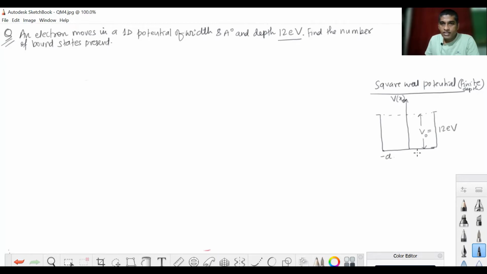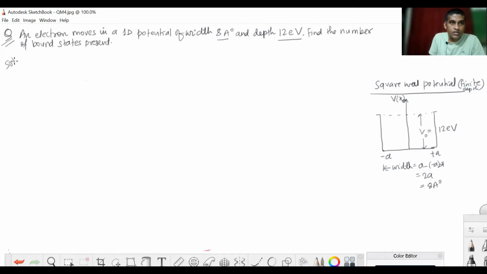Let this be minus a and this be plus a, so that the width is a minus minus a, which equals 2a, and we have a width of 8 angstrom here. So 2a equals 8 angstrom, so a equals 4 angstrom. We can write a equals 4 into 10 to the power minus 10 meter.